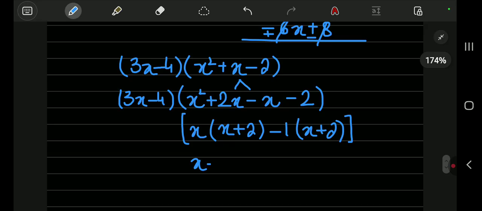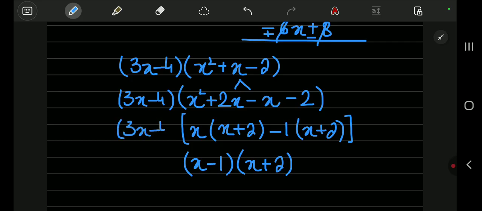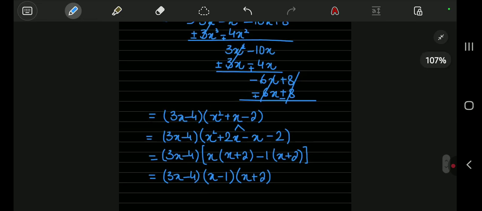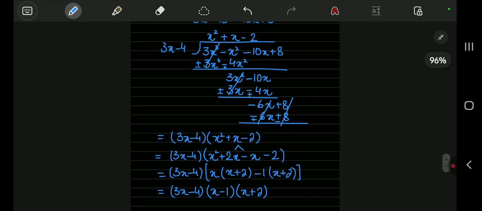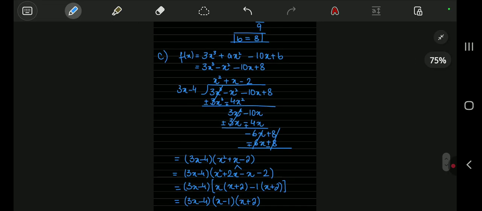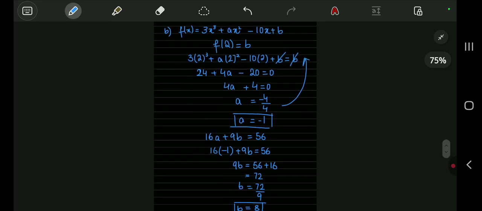So this will give you x minus 1 times x plus 2. The other factor that we have will just be carried forward like this. So this is how it gets fully factorized into these three factors: 3x minus 4, x minus 1 times x plus 2. This is your part C to question 5.